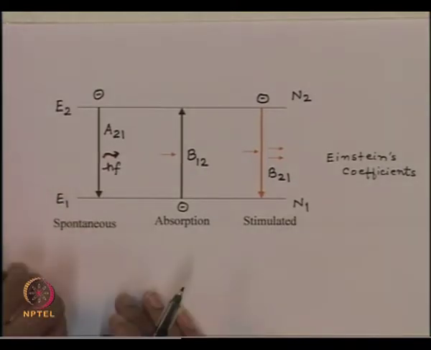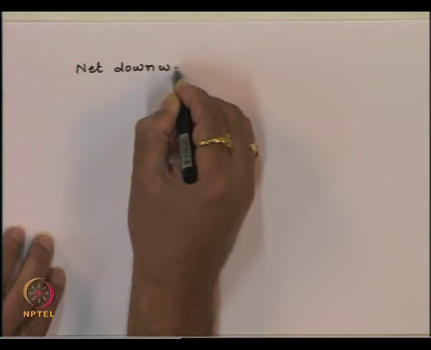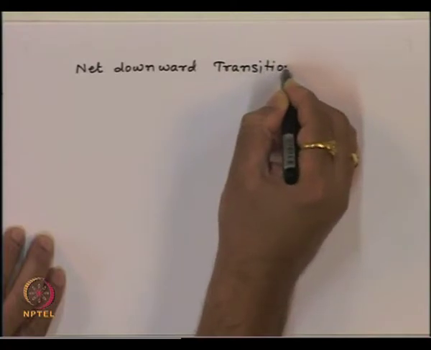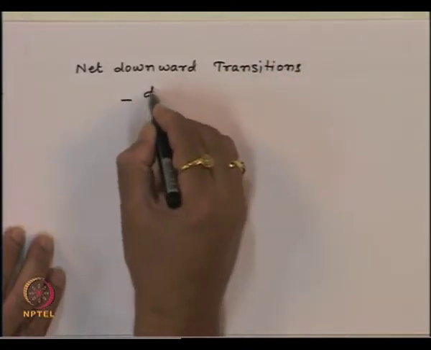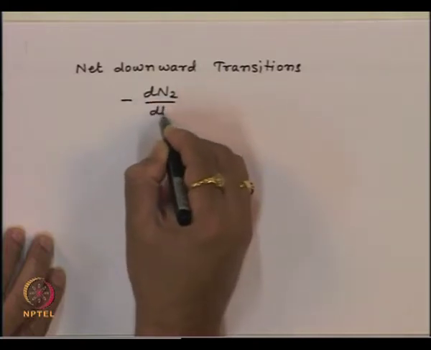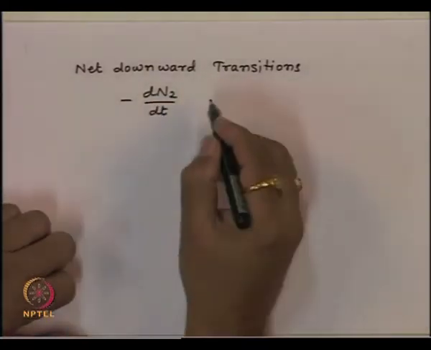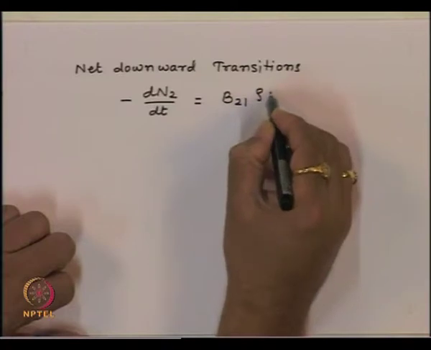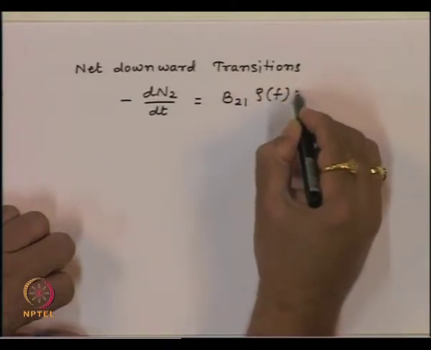If we do this now, then our equation of the transitions of electrons, the net downward transitions, which will be minus dN2 by dt, that will be equal to B21 rho of f into N2.